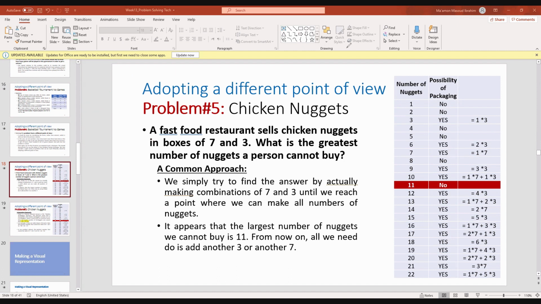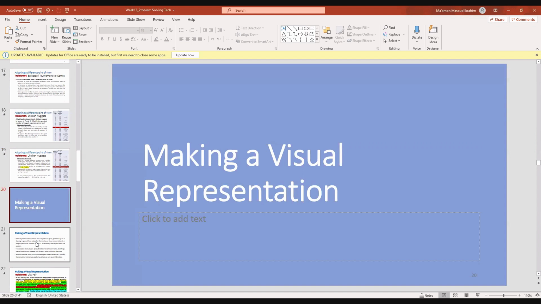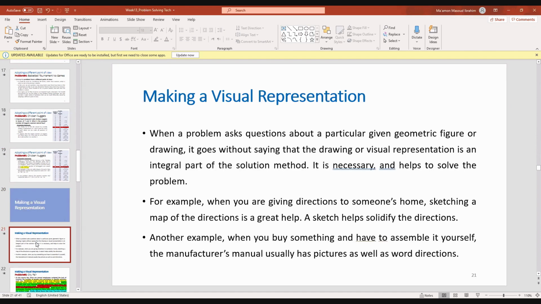Our lecture for today will be about making visual representation. Okay. Sometimes in the lecture, I draw here something. I start drawing something. I draw a rectangle. I maybe draw an array.